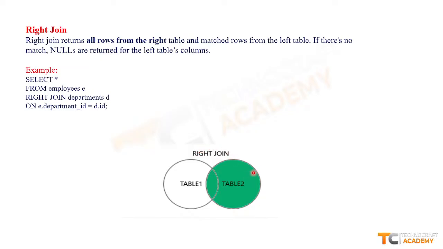So in the right join, we'll get all the values from our second table, or table 2, the right table, and we'll get all the matching rows from the first table or the left table. And what if there are no rows matching the rows from the second table? Then we'll get null values. Okay, let's try this in an example.